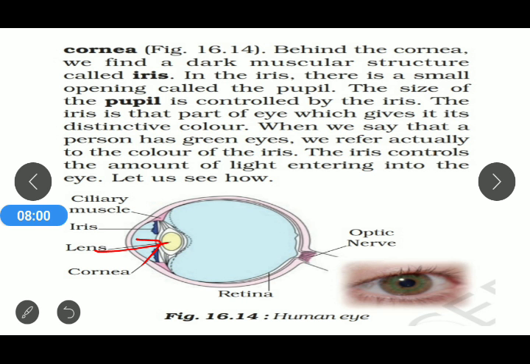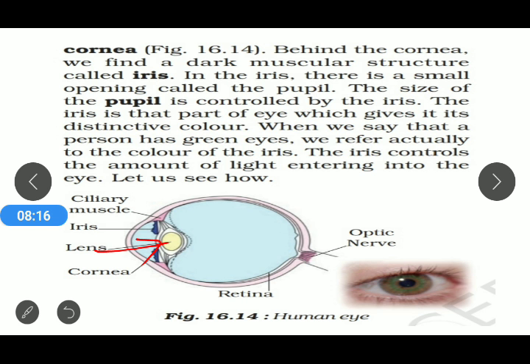And what is the function of the pupil? The pupil controls the amount of light entering the eye. You can see a black hole-like structure in the eye, that is the pupil.